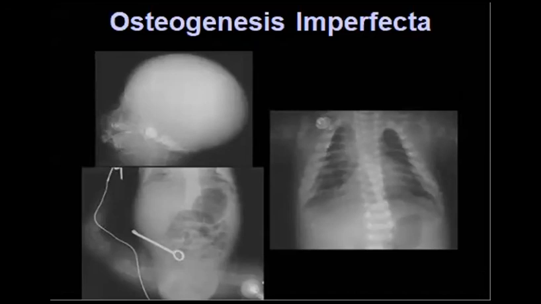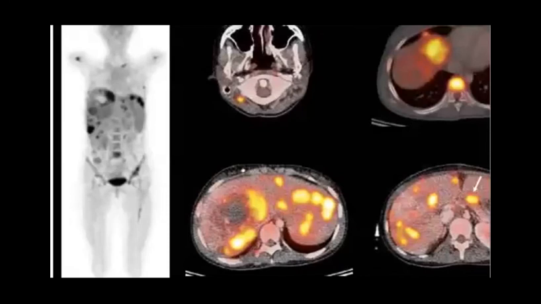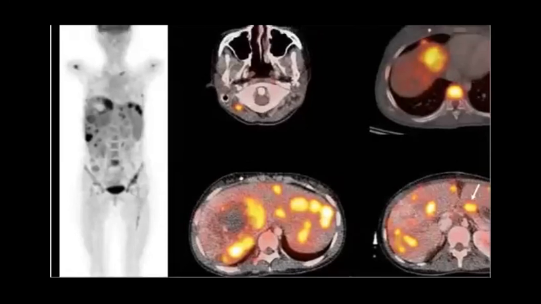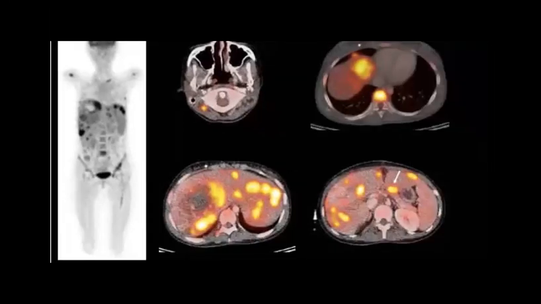I think I want to show you, before we finish, something interesting, again before we shift to GI. Okay. So let's go to some hybrid imaging, and now your choice to describe the findings this patient had.